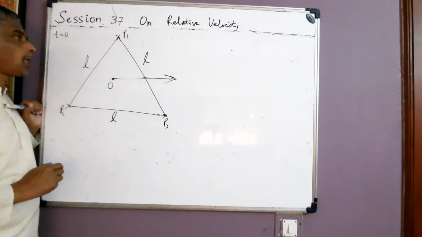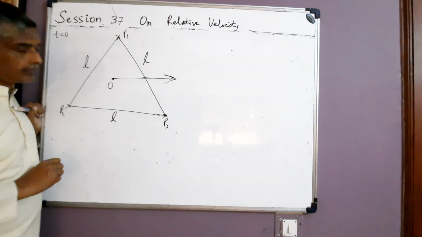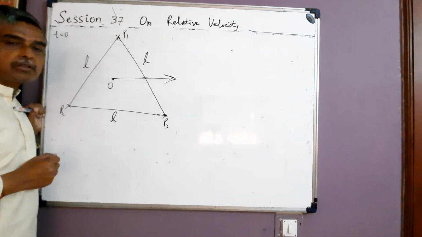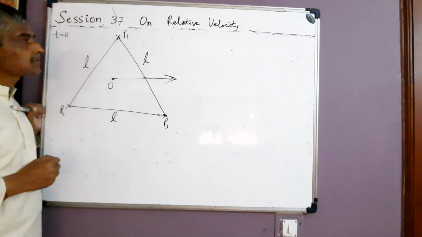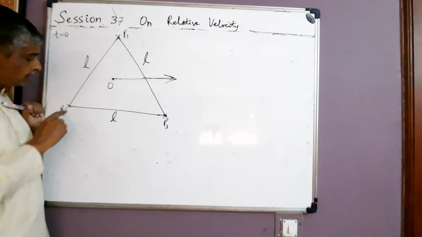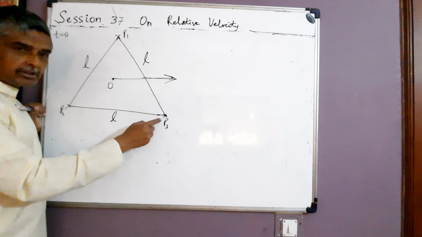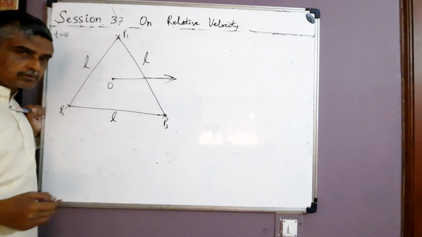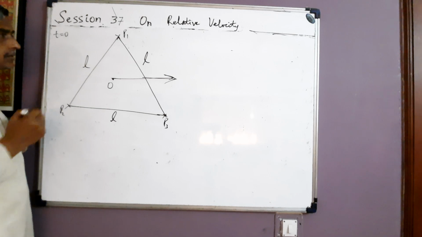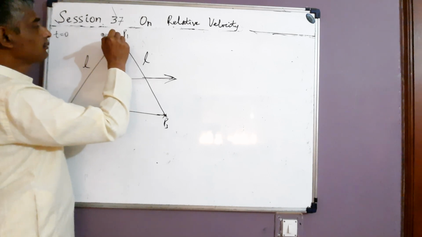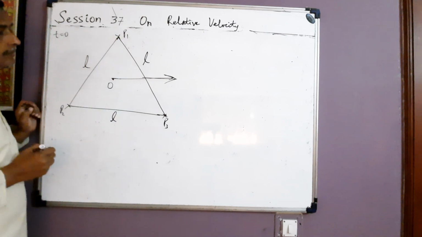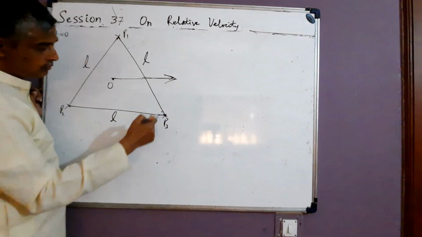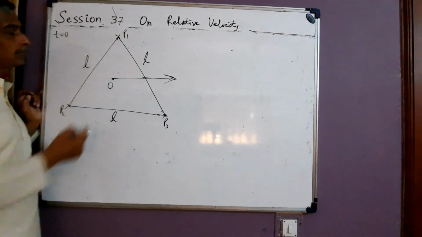Now, what will happen? The 3 points simultaneously begin to move, such that at any instant of time P1 moves towards P2, P2 moves towards P3, and P3 moves towards P1. Always. So how does the motion start? Suppose in dt time P1 comes here, then P3 moves somewhere here, so that its velocity is directed towards P1.